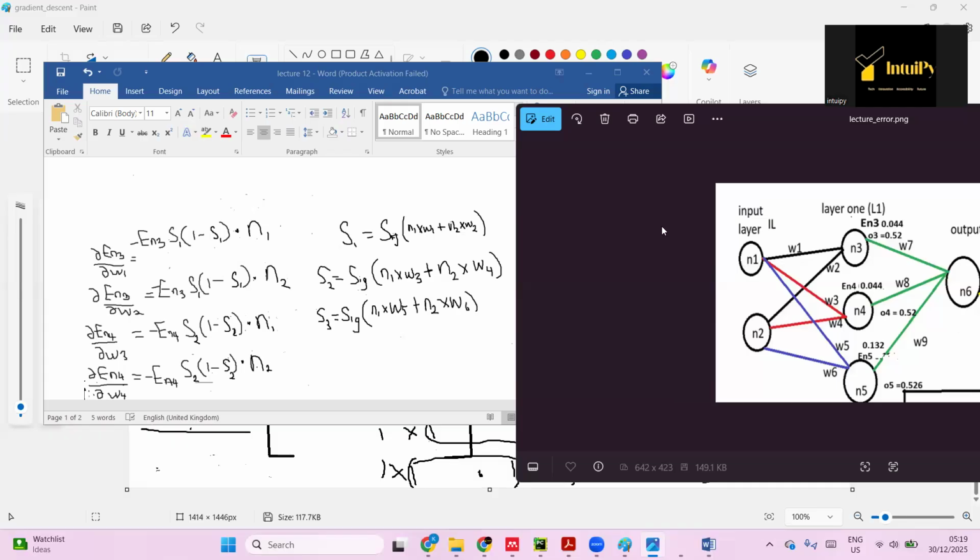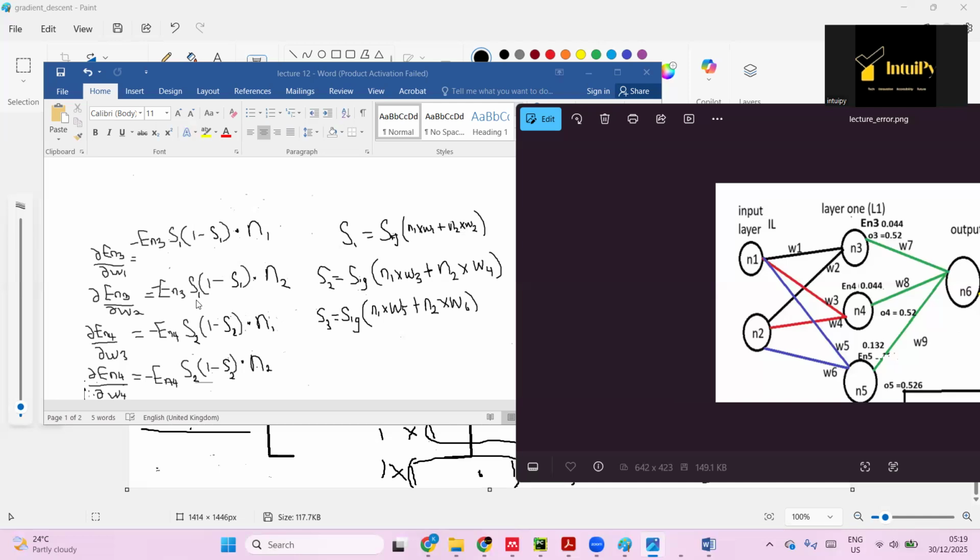This node takes in the input value. And then if you also want to calculate how much to adjust W2, W2 would also have to look at the error in front of it. And then we'll also look at what flows in and out of the previous node here. That is EN3.